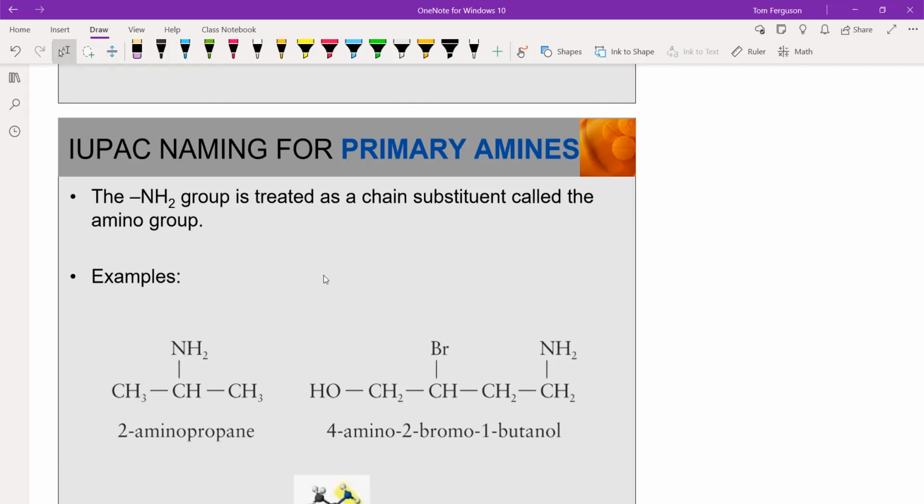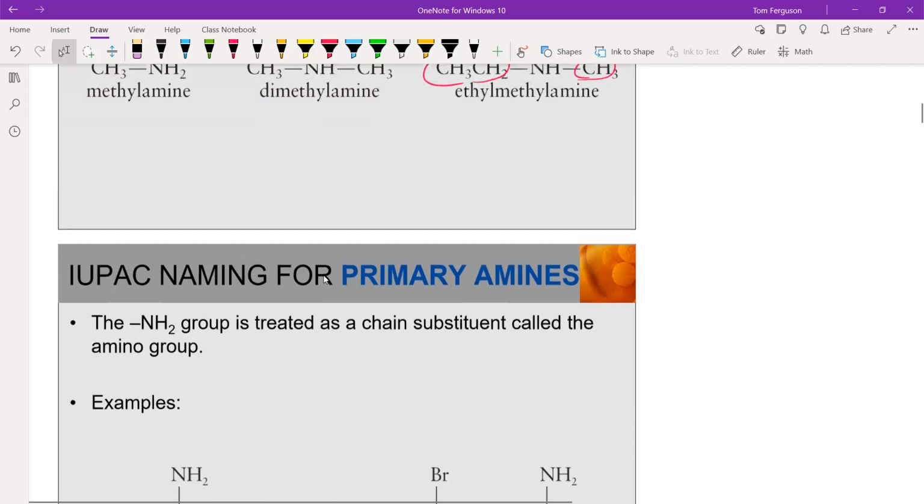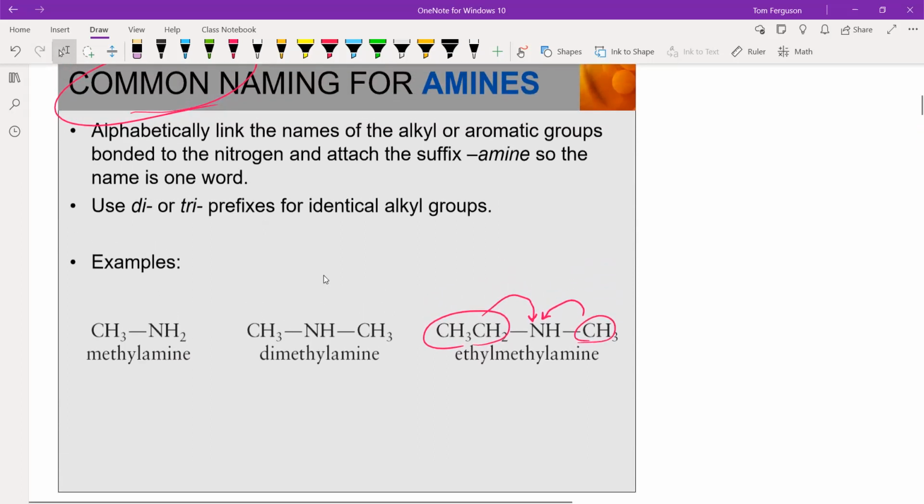So, to identify amines, you would look for the NH? Like how alcohols have OH, that's how you would see if it's an amine, if it has the NH?